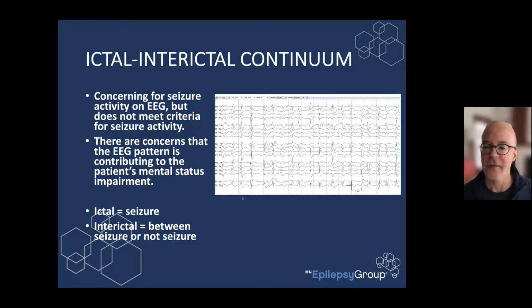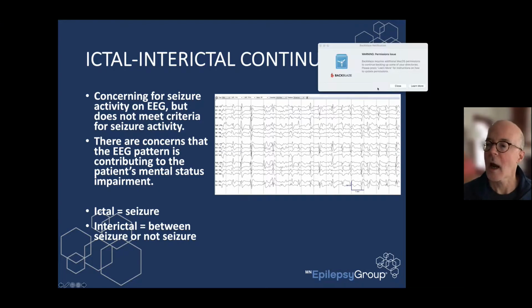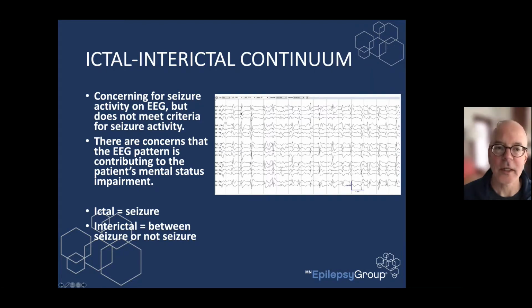So here's a slide. This slide shows the ictal-interictal continuum. And here's an EEG, a very abnormal, ugly EEG, with all these epileptiform discharges. And you, as the EEG tech, may be saying, is this seizure activity or is this not?